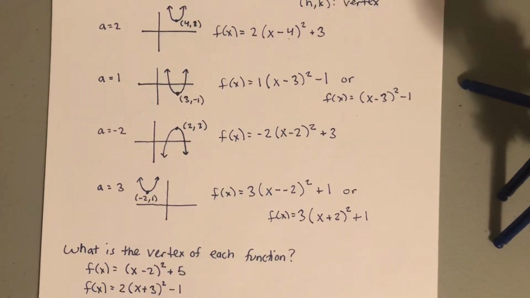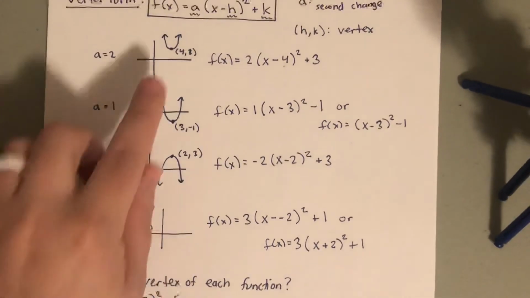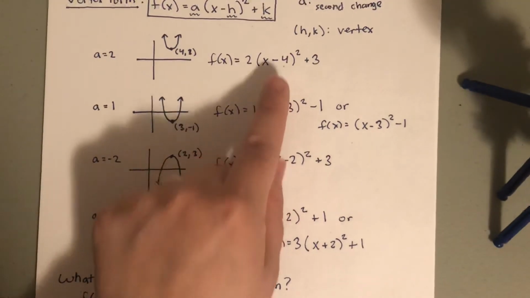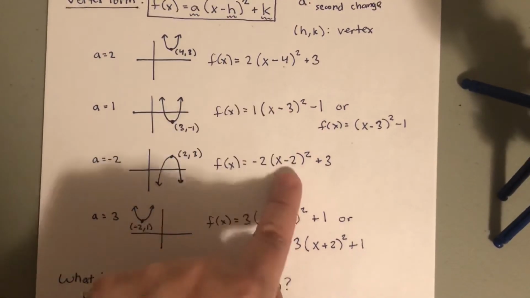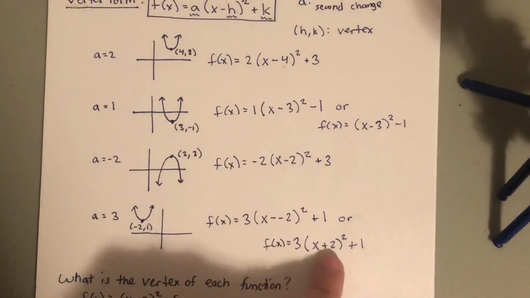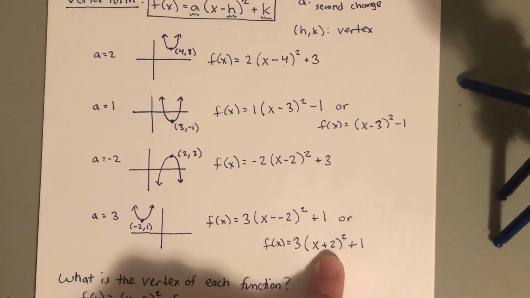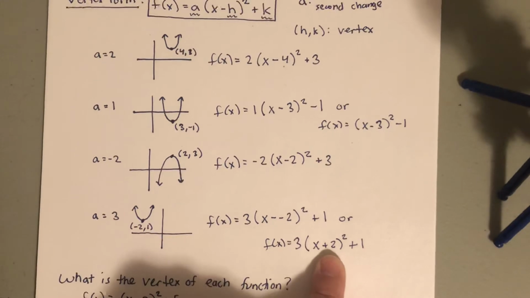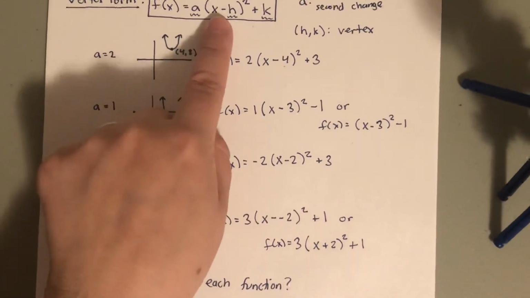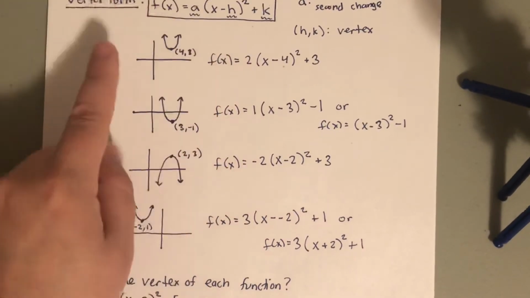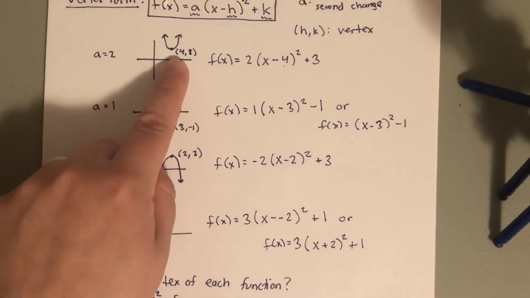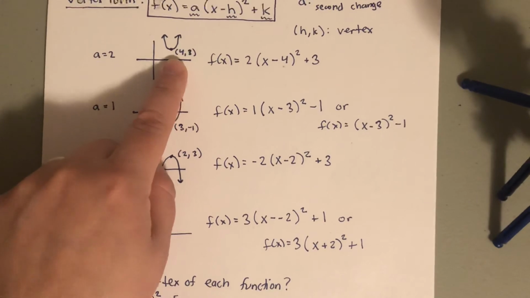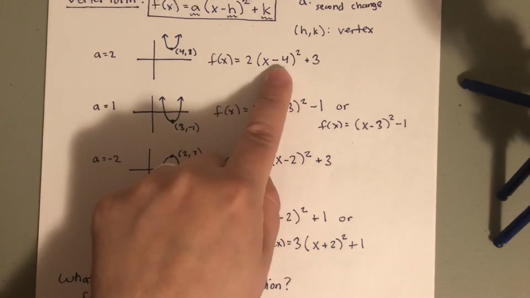So what ends up happening, if you notice, whatever is here, the negative 4, negative 3, negative 2, and then down here it ends up looking like a plus 2. Really, the sign that's part of the equation is just the opposite of what the x-coordinate is. So here, the x-coordinate of the vertex is 4. Over here, we see minus 4.